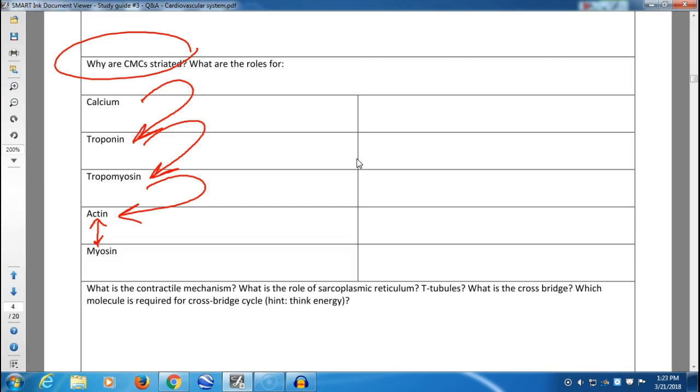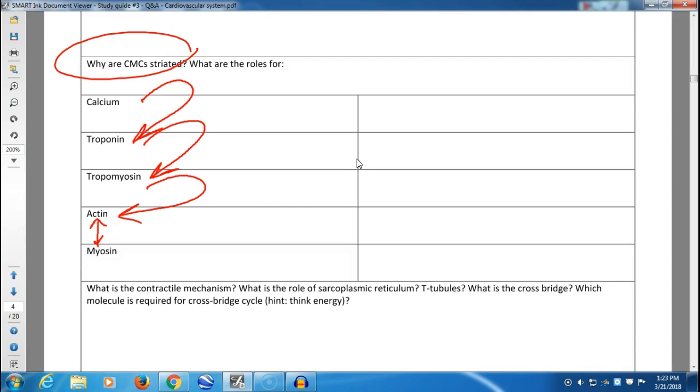Sarcoplasmic reticulum releases calcium. T-tubules deliver the action potential to the cells. Cross bridge between actin and myosin. Which molecule is absolutely required for the cross bridge cycle? ATP.